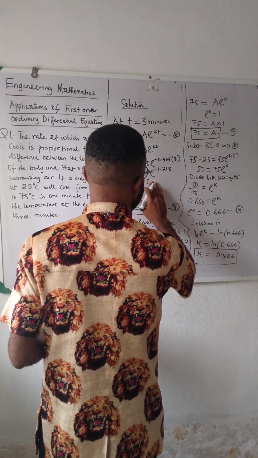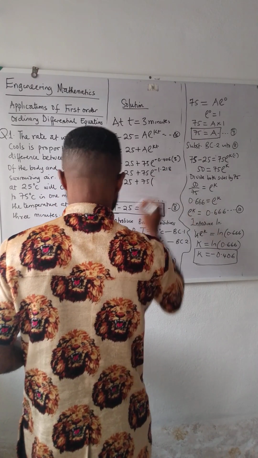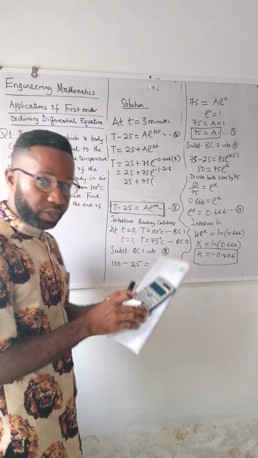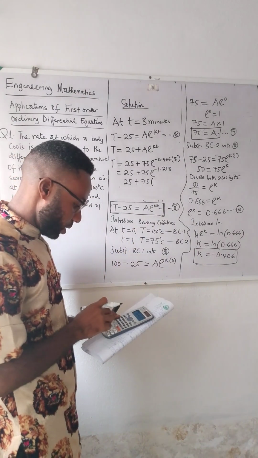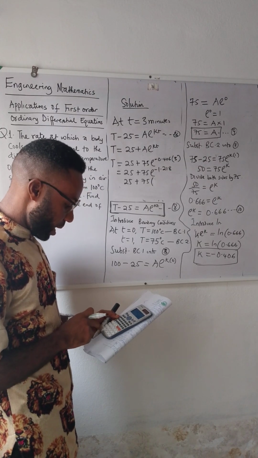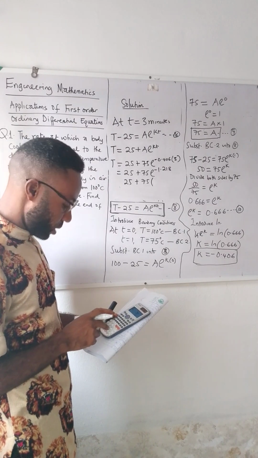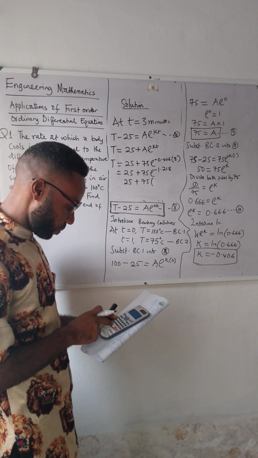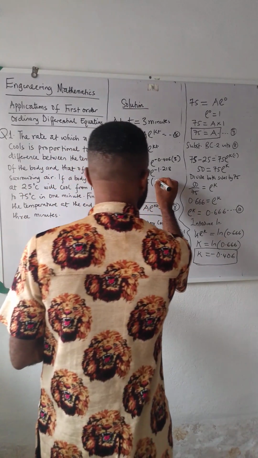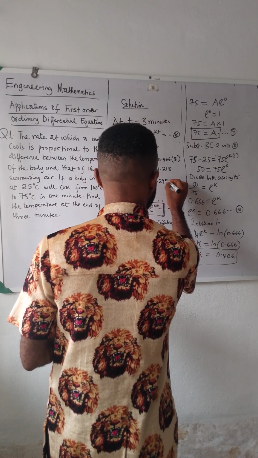So we now find the value of exponent minus 1.218. For you to find your exponent, if you're using this kind of calculator, you press shift and then ln, minus 1.218. Is that correct? Okay, 1.218. And that will give you 0.295.